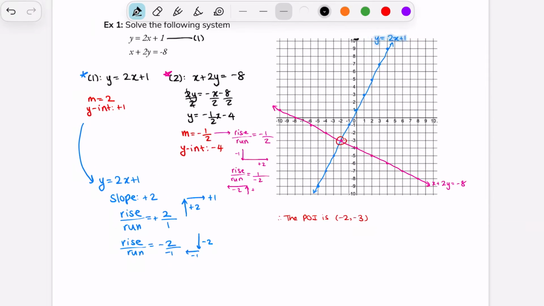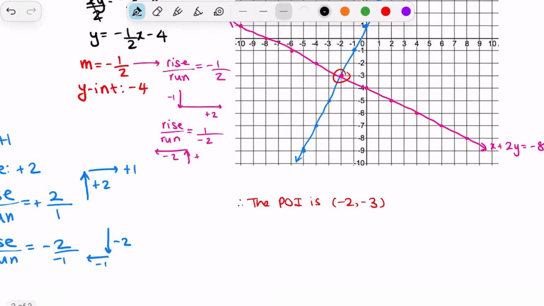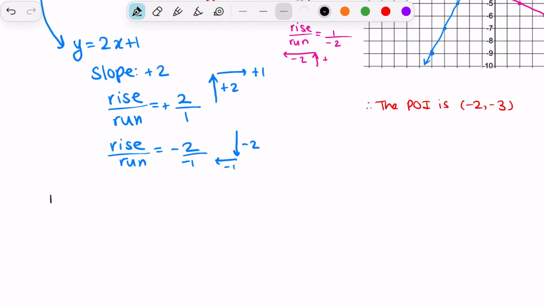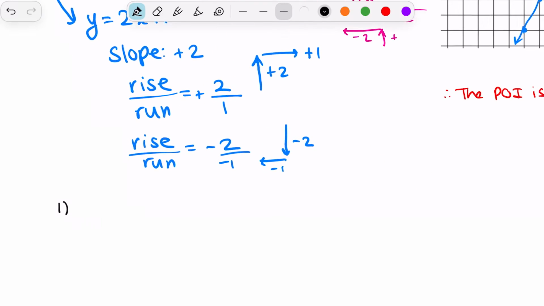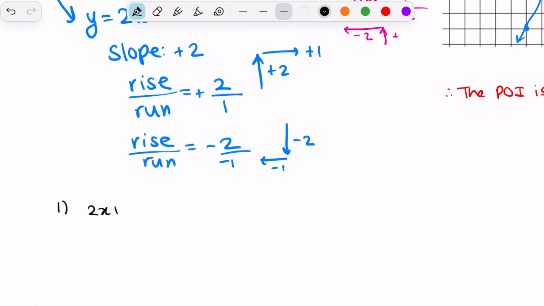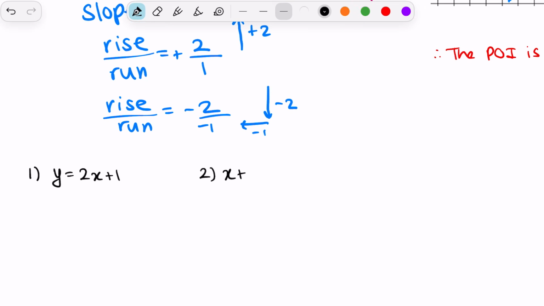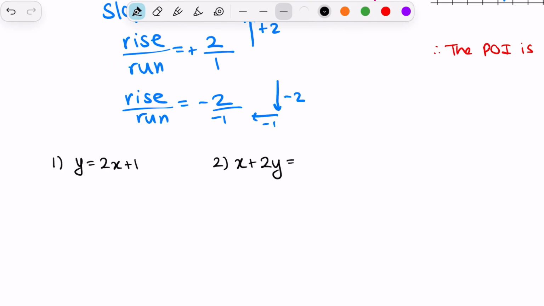So now that we've found the point of intersection, we can also double check by doing the left side equals right side test. So let's do that. So our first equation was y is equal to 2x plus 1. And then our second equation was x plus 2y equals -8.